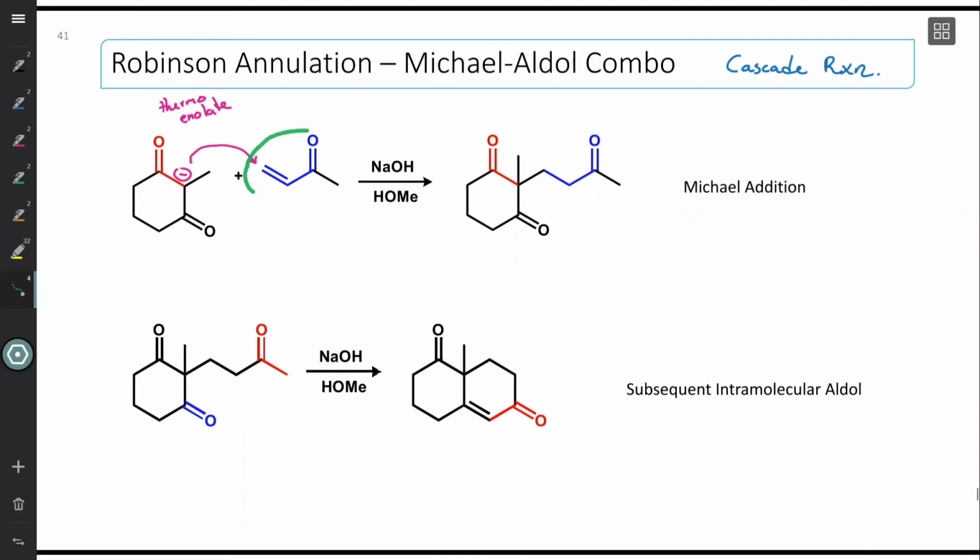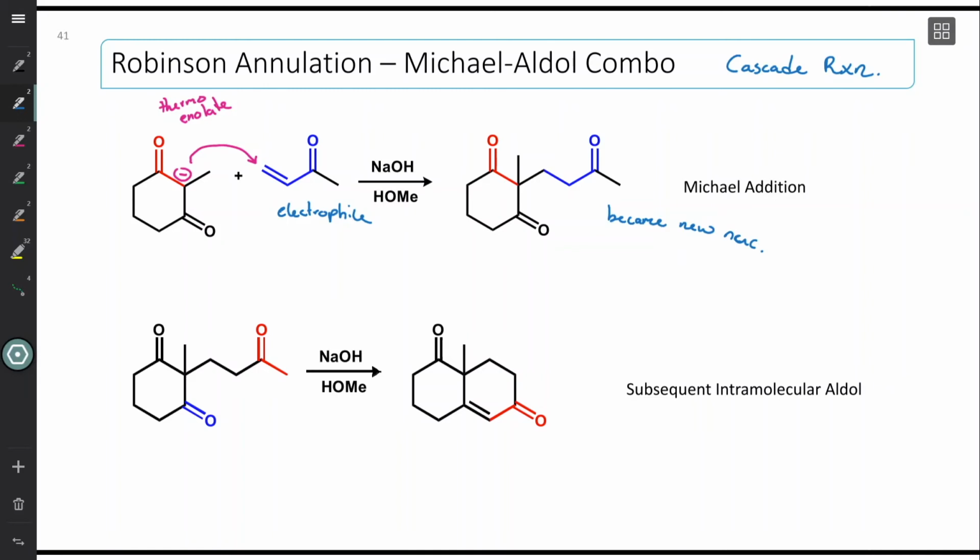When it was the conjugated ketone, it was the electrophile. Now it's going to become the new nucleophile for my next reaction.